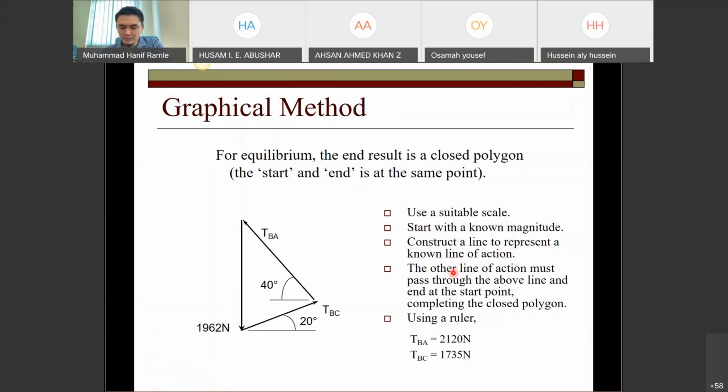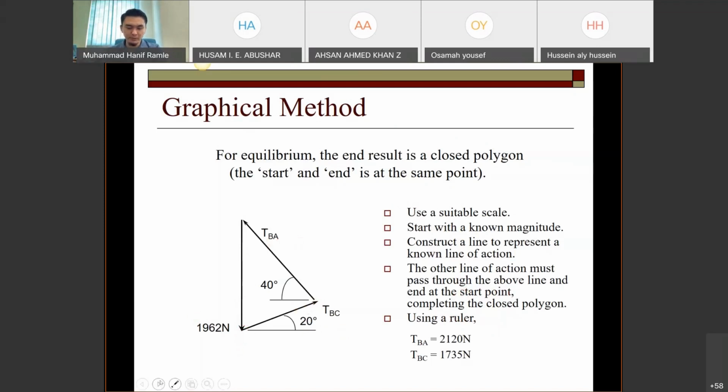The other line of action must pass through the above line and end at the start point. You start here, and you must end the line here as well. Then using a ruler, once you have this line TBC and this line TBA, you will get the values of TBA and TBC.